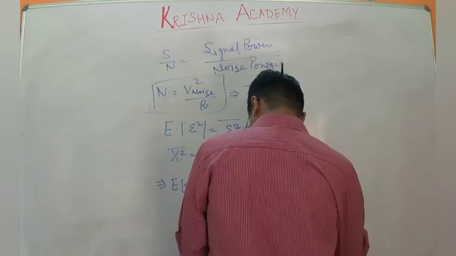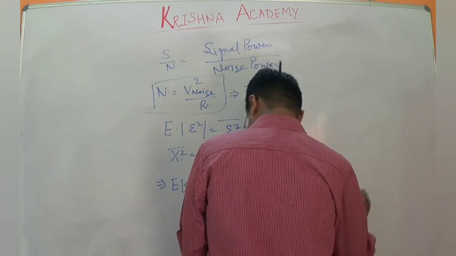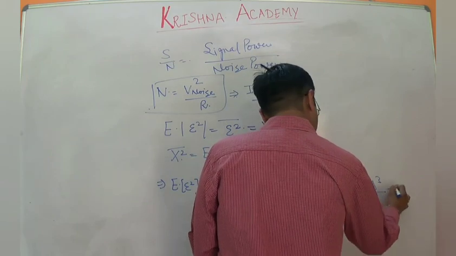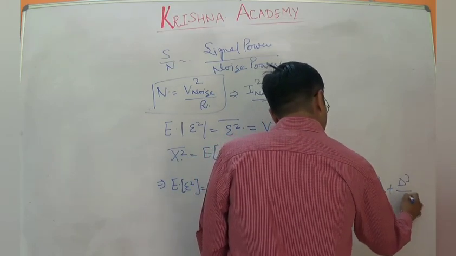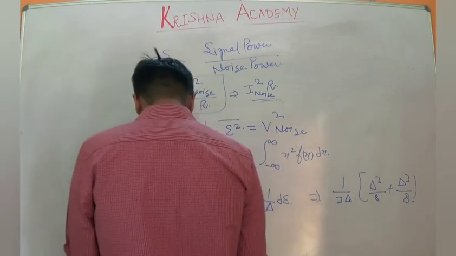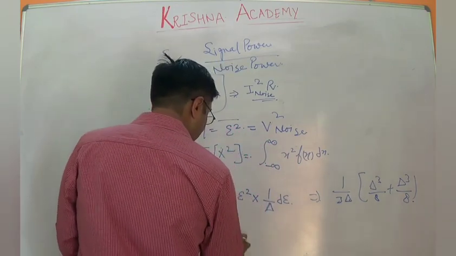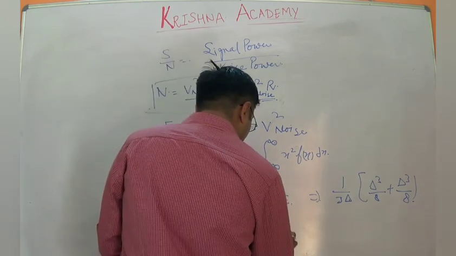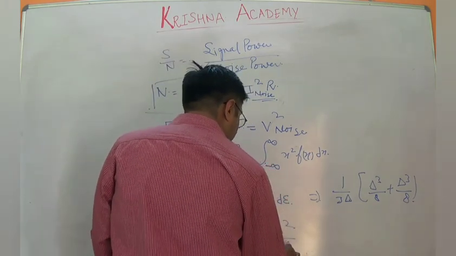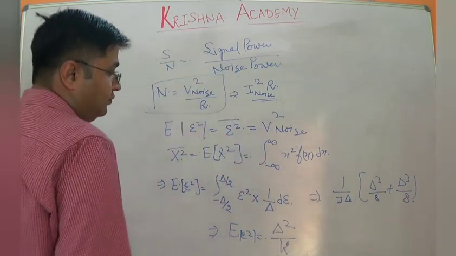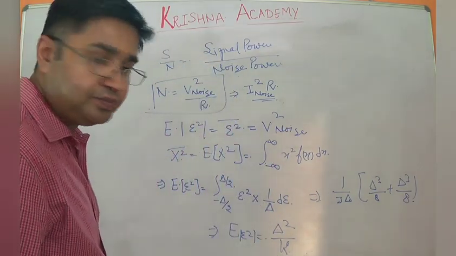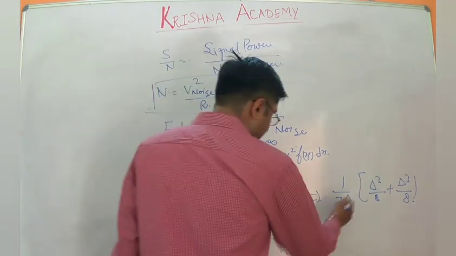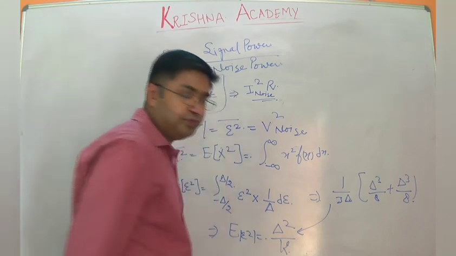What we are getting is 1 upon 3 delta, q by 8 plus delta q by 8, or E square equals... just putting the value over there. Yes, solve it from this equation.